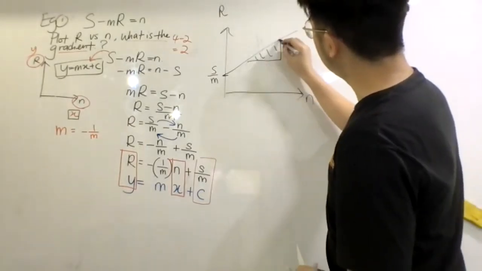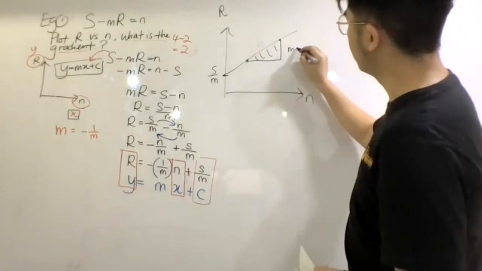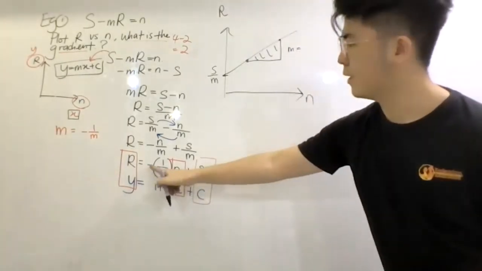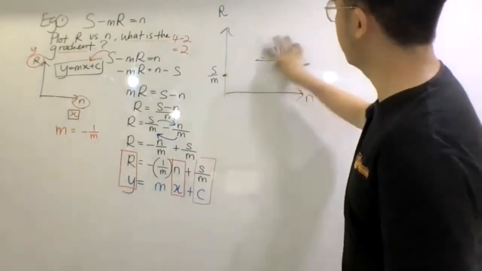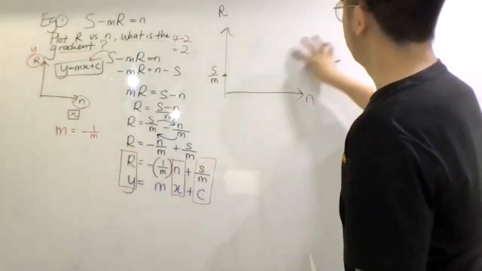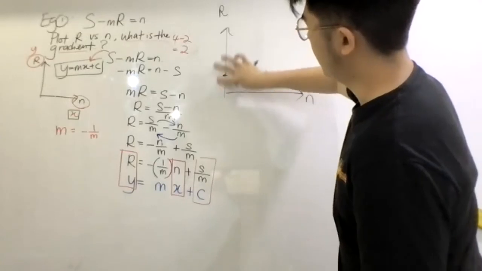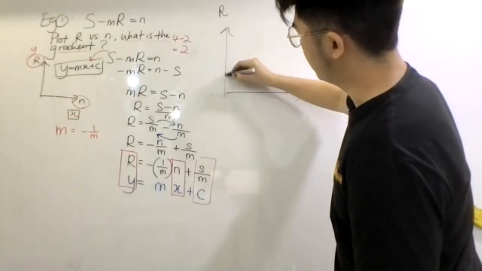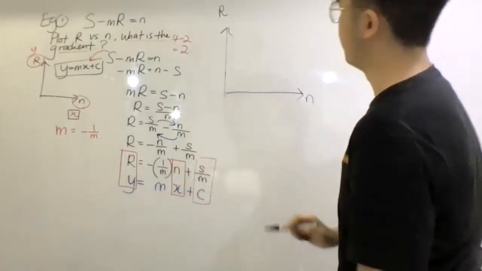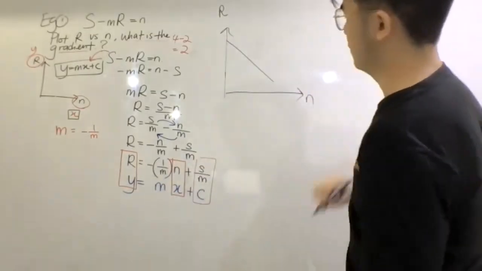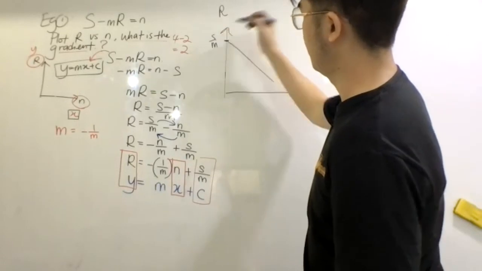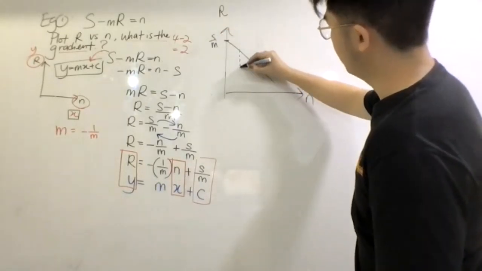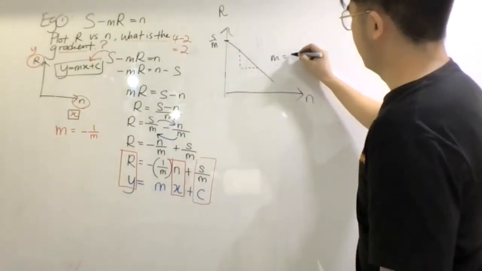The gradient is minus 1 over m. Okay, this one should be minus. I made a mistake. I will correct this one. Gradient is a minus 1 over m. So maybe like this. S over m, the gradient, minus 1 over m.